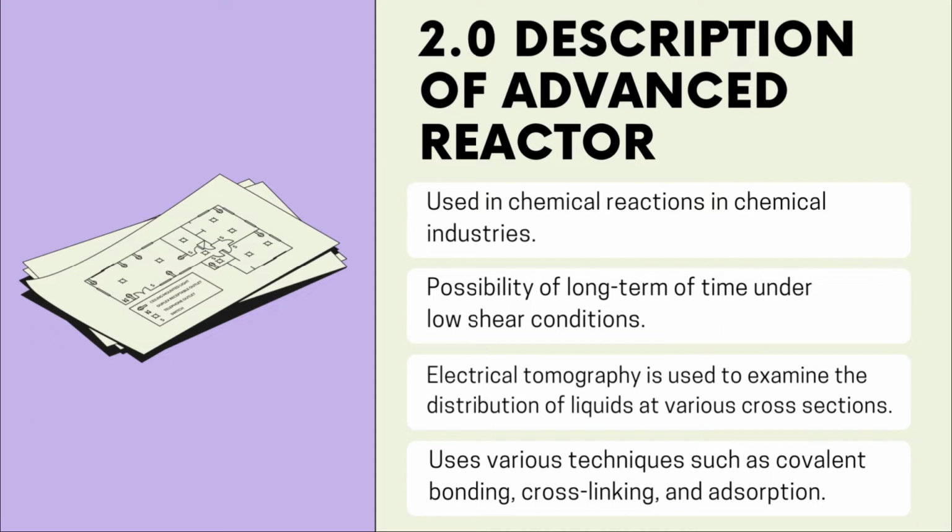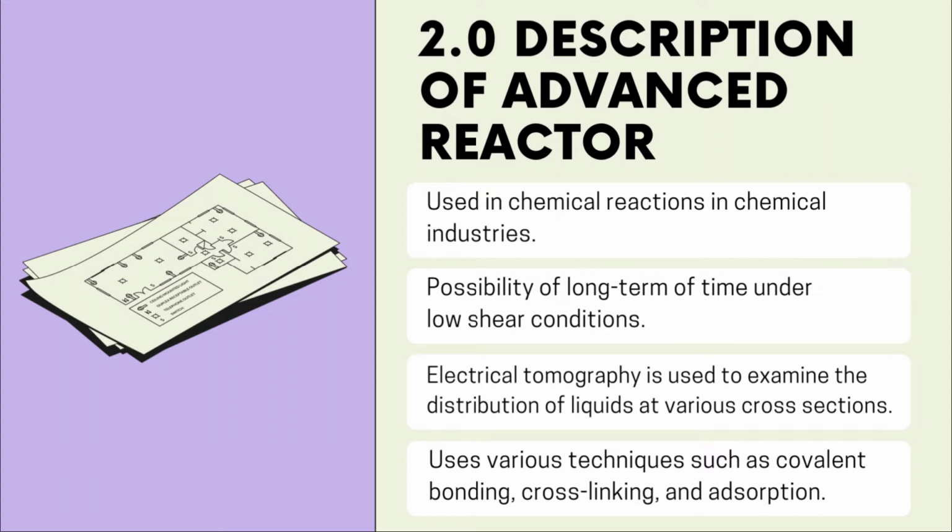The third point is that the flow of material through a packed bed is highly dependent on its performance, which is dependent on the packing and how flow is managed. Electrical tomography can be used to examine the distribution of liquids in the vessel at various cross-sections. The last point for description is the immobilization process.